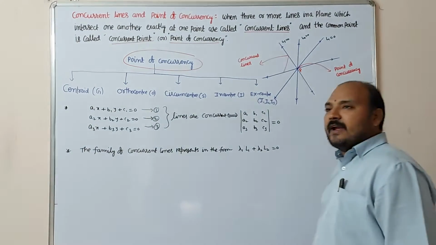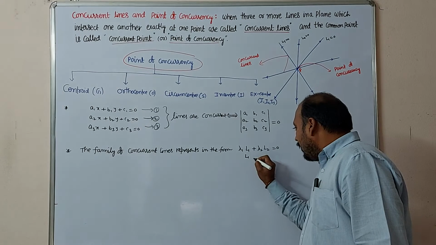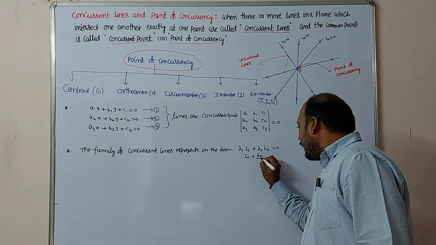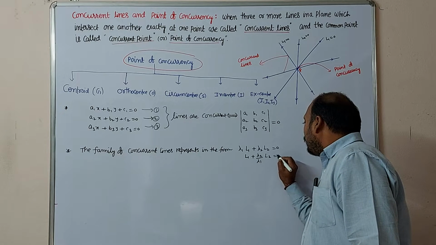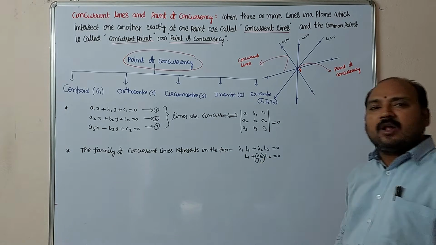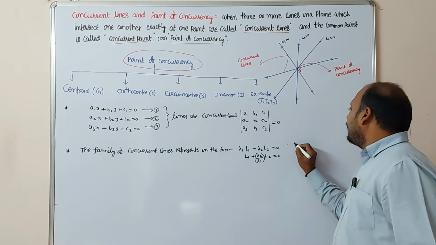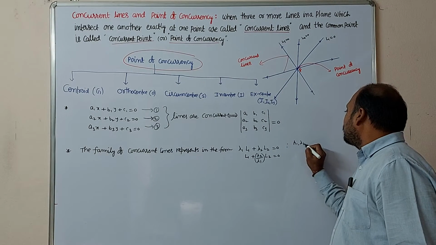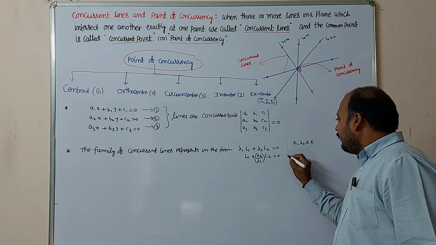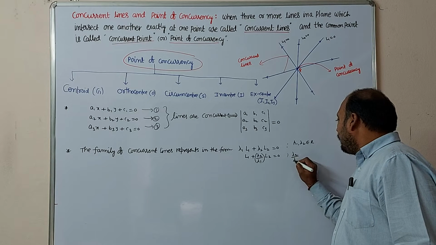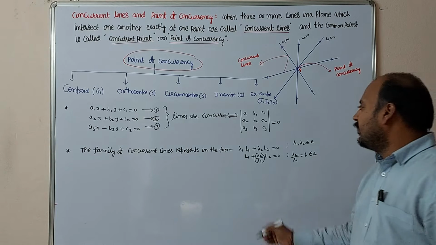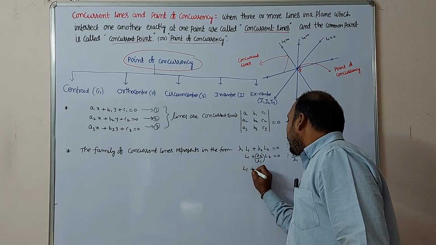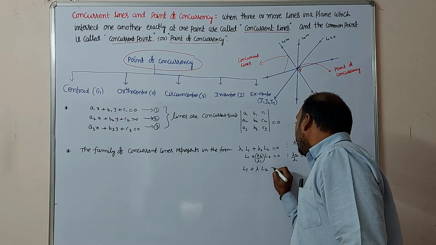So this also we can write as L1 plus lambda 2 by lambda 1 L2 equal to 0, taking lambda 1 common. Here lambda 1, lambda 2 are constants that belong to R. Even here lambda 2 by lambda 1 is equal to some constant lambda which belongs to R. I am assuming that. So this equation becomes L1 plus lambda L2 equal to 0.